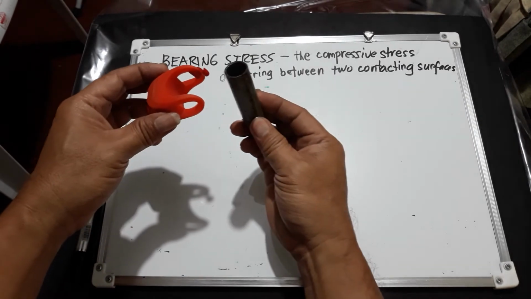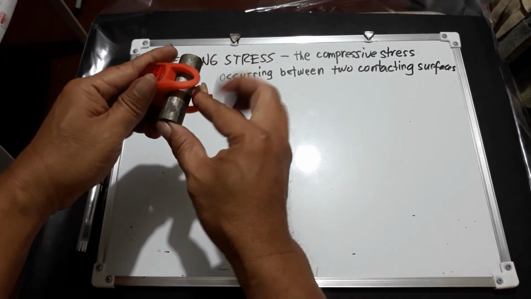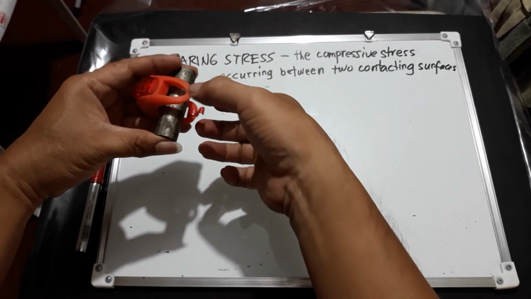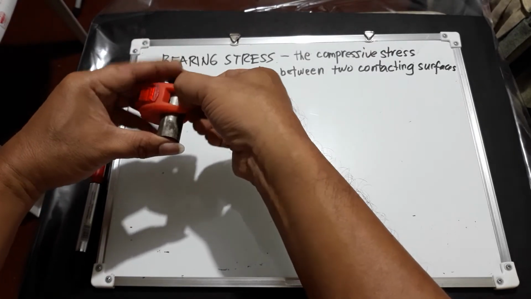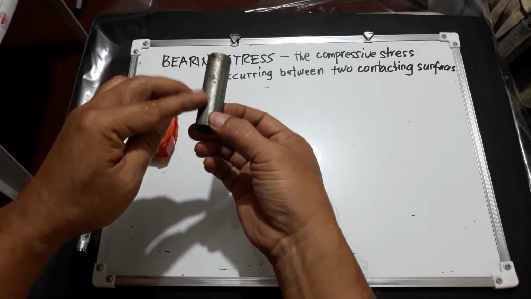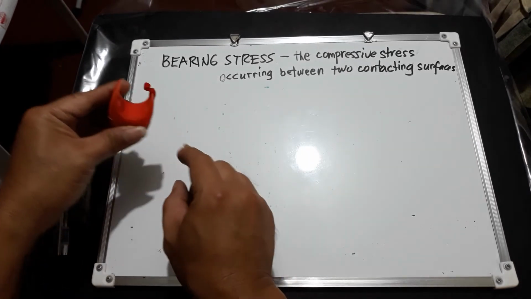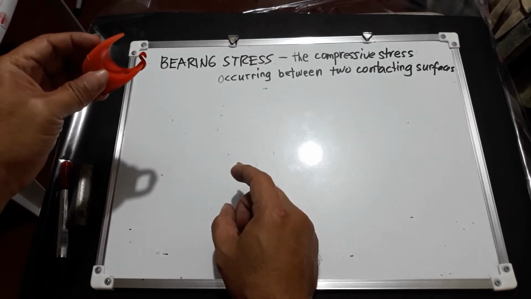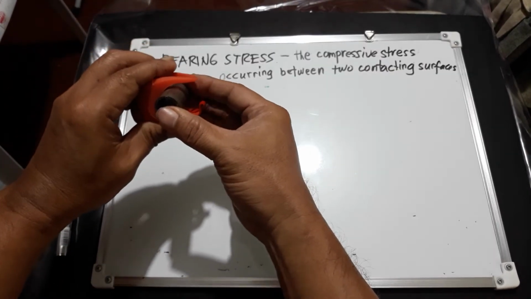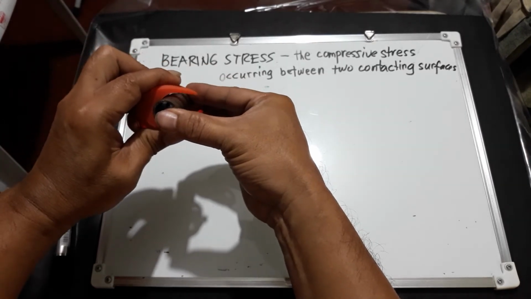So if I am going to let them touch like that, and I am going to hold this tube and pull this one to the right, it means that there is a contact between the surface of this tube with the surface of this bracket here. So what is the bearing stress that takes place here? Because that is where the contact is happening.